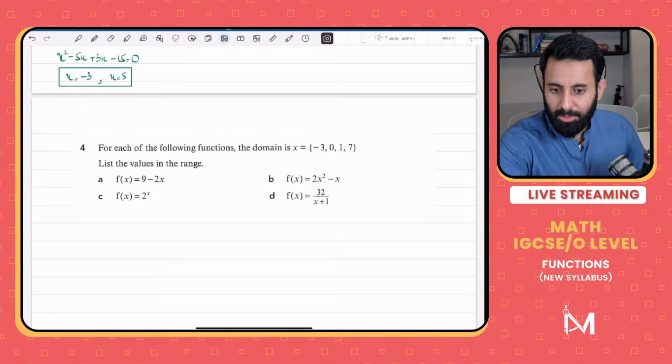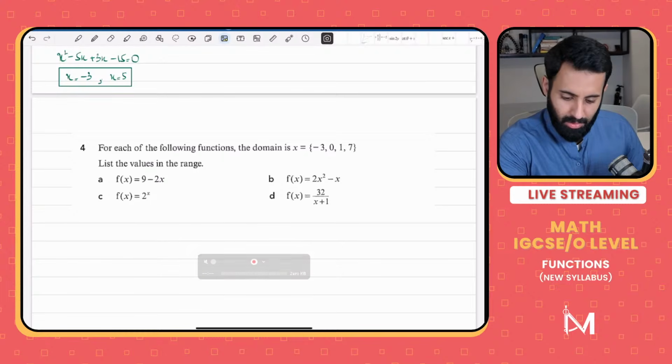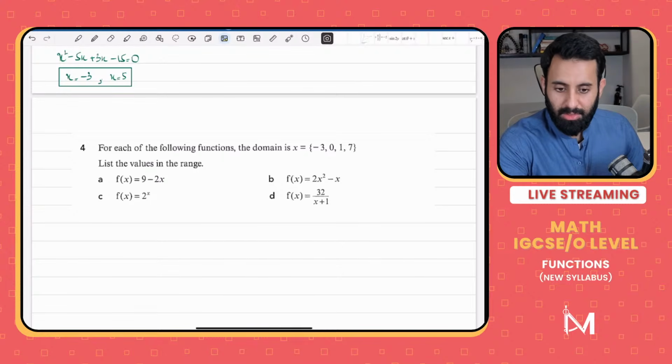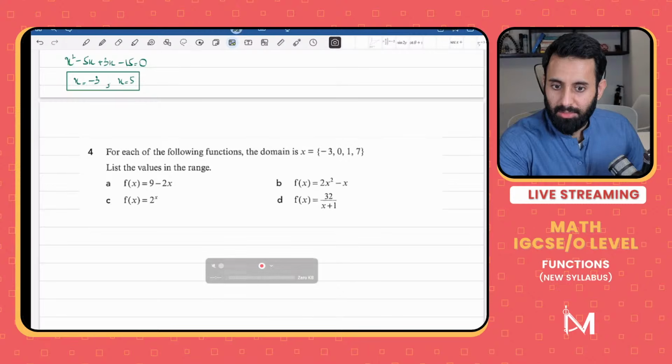Factorizing won't achieve anything here. I mean, if you want to do it, go ahead, but you're not exactly going to achieve anything.